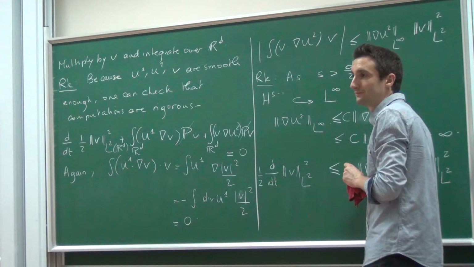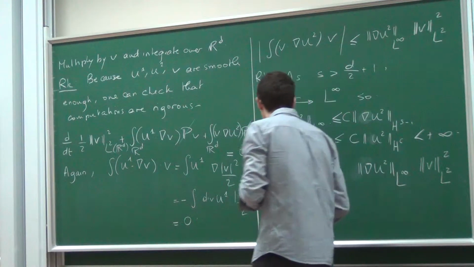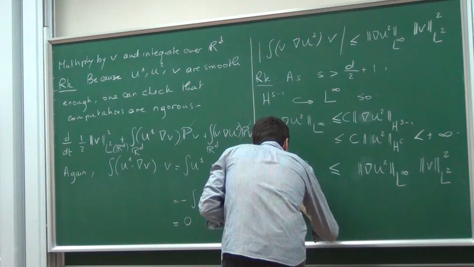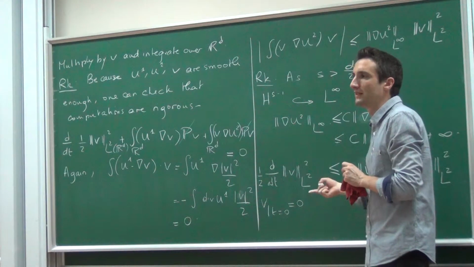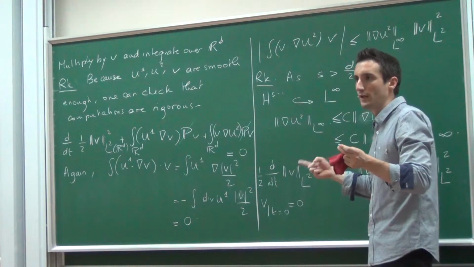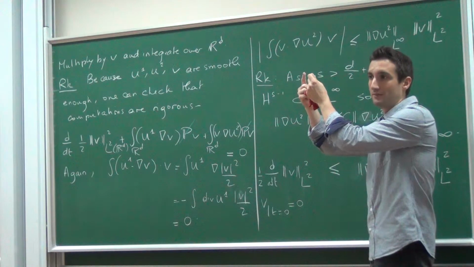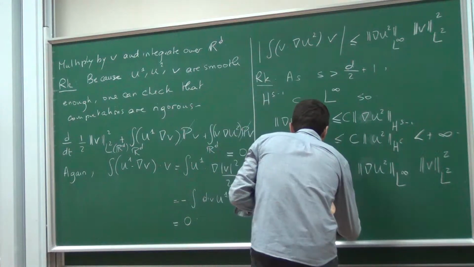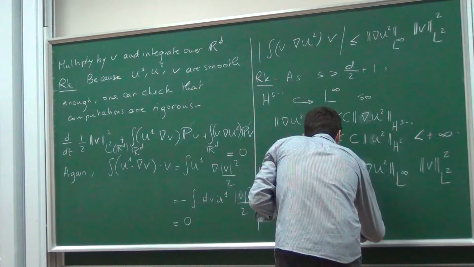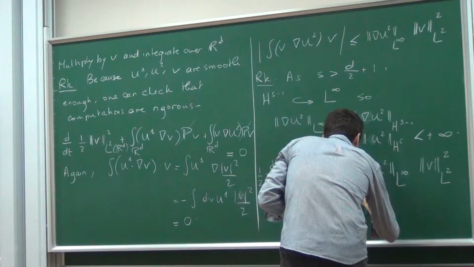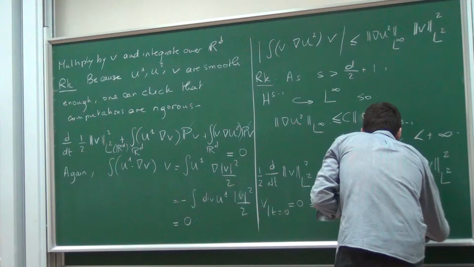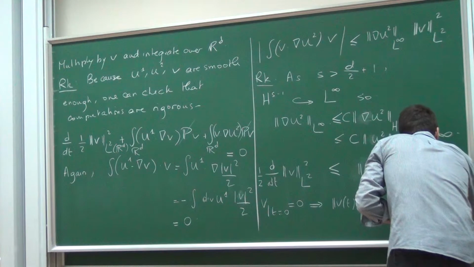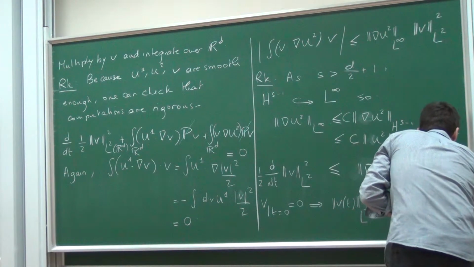What happens here? I can integrate in time. And I take into account the fact that V at t equals 0 is 0, right? Because U1 and U2 were starting from the same initial data. So V at t equals 0 is 0. So V at time t will be less than a constant times the integral from 0 to t of the norm of V(s) ds.